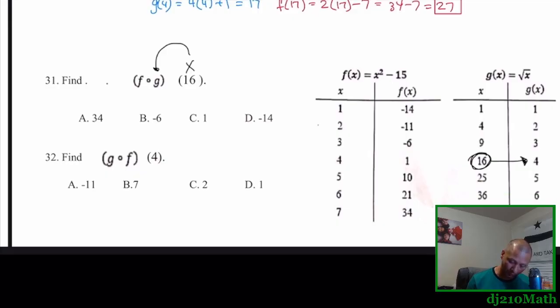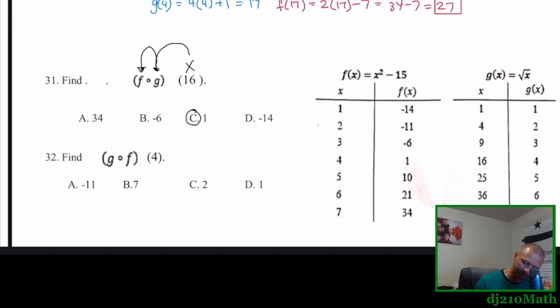The output is 4. 4 is the new input into F. So I go to F, I go to input 4, because X is the input, and we output 1. So 1 is the answer. C.